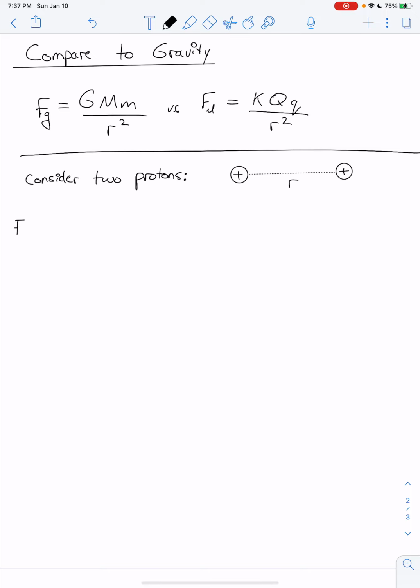So in the force of gravity, first we'll go with G. Our value for G is 6.67 times 10 to the negative 11, in newton meters squared per kilogram squared.